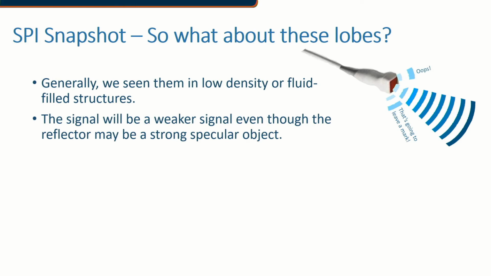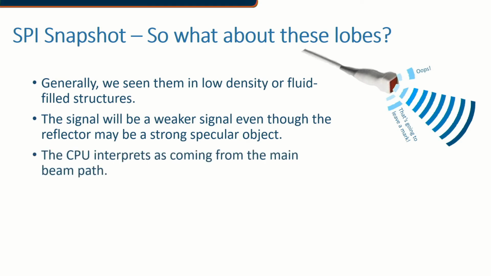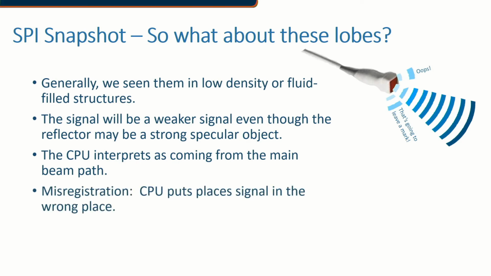Now, the reason why we don't see it when there's a lot of similar echoes around it is because it just blends right in. But if we see the signal right next to a water fluid structure, this main sound beam sees this water structure, it gets this weak signal from some stronger specular reflector by one of these side lobes, and so it places it right into the middle of the main sound beam, even though that's really a misrepresentation of where it is.